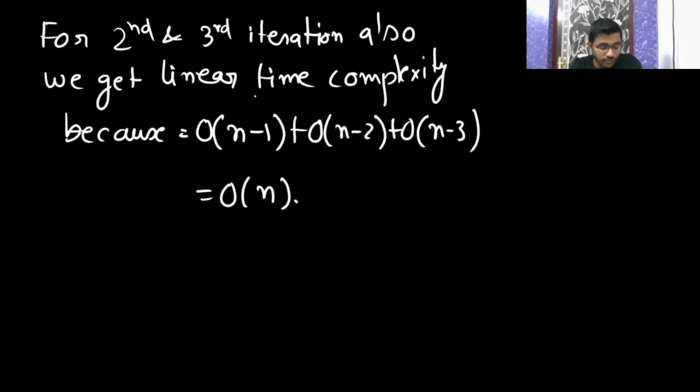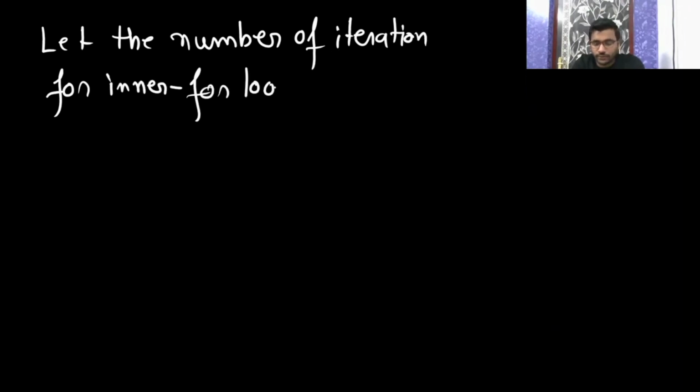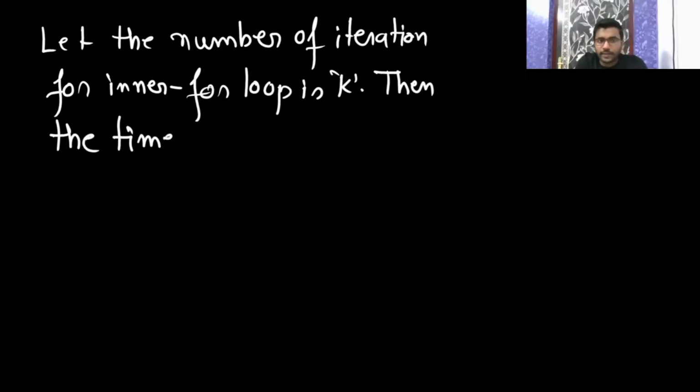So we will assume some k as the number of iterations. Let the number of iterations for the inner for loop be k, then the time complexity is big O of kn.